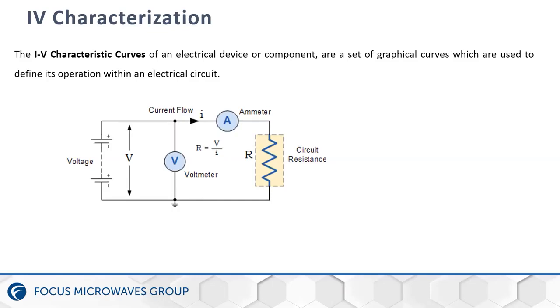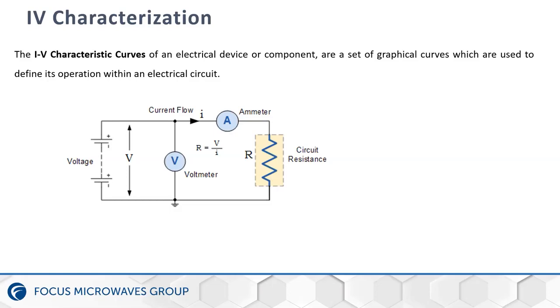In the represented circuit here, if a voltage V applied across the resistive element R is varied, we can determine the current flowing into the circuit. This current-voltage relationship is basically computed using the simple Ohm's law.